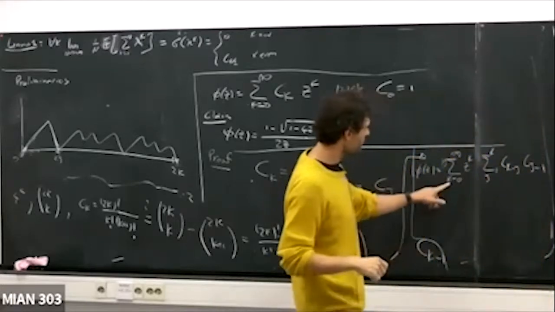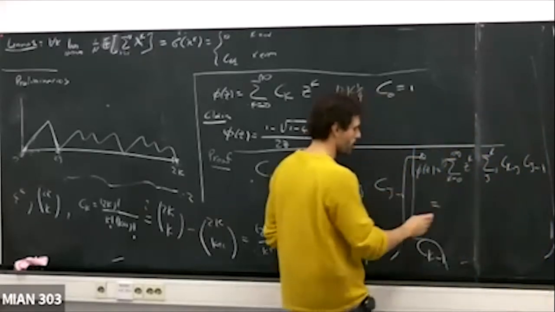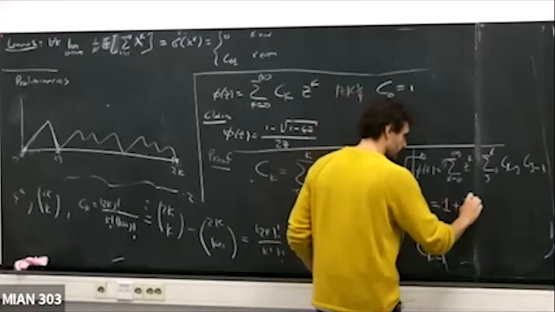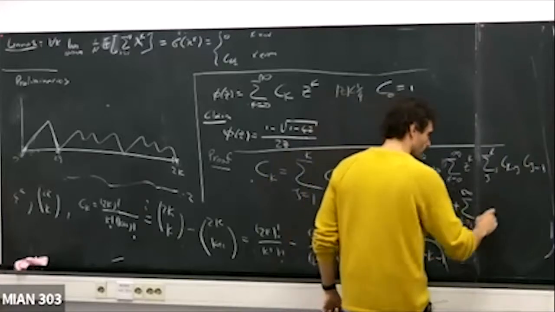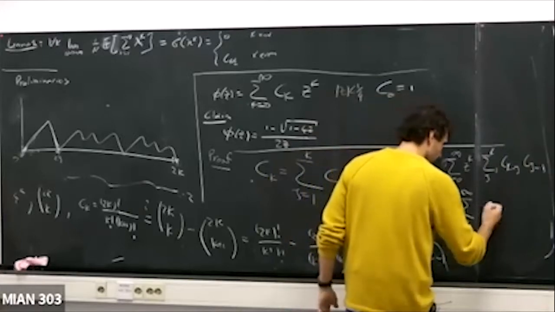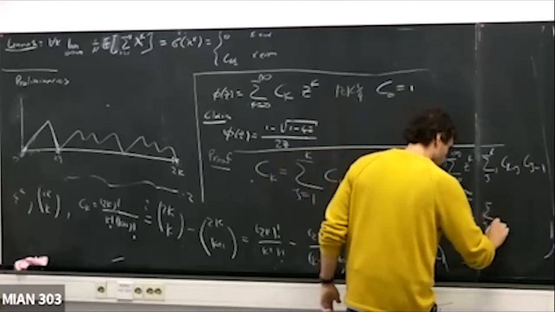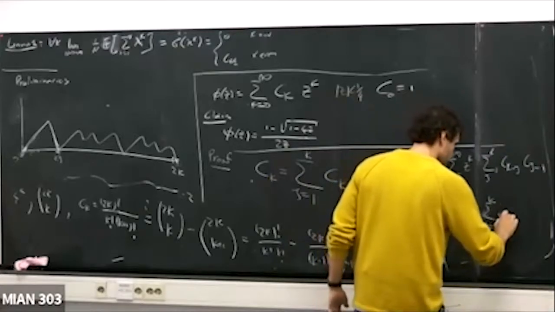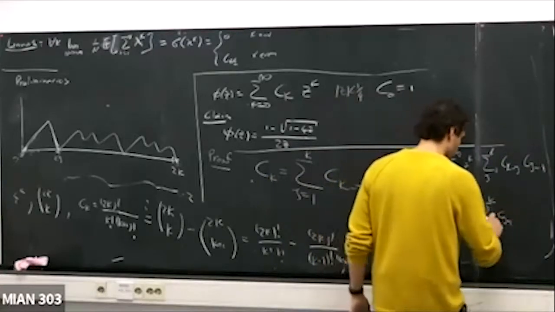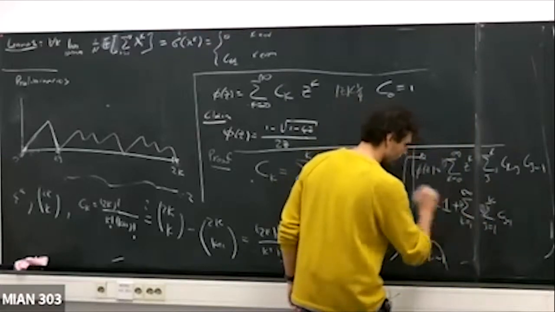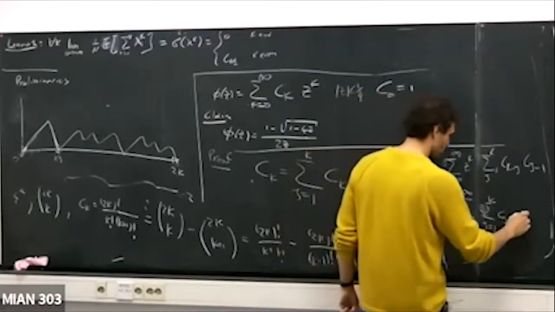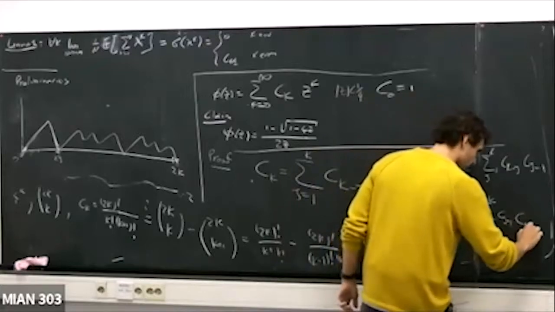Let me put k equals 0 apart, so it's 1 plus the sum from 1 to infinity. Just copy the same thing: sum over j from 1 to k, c_{j-1} c_{k-j}. I put a z here.